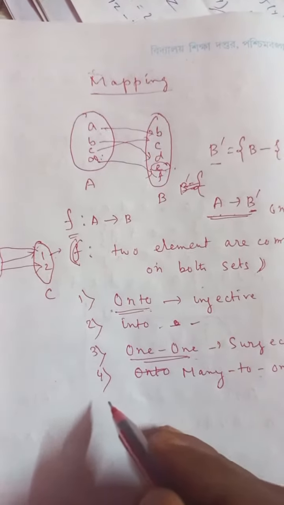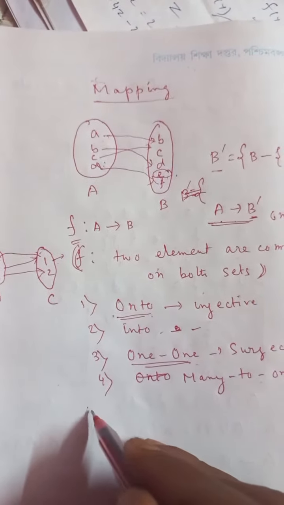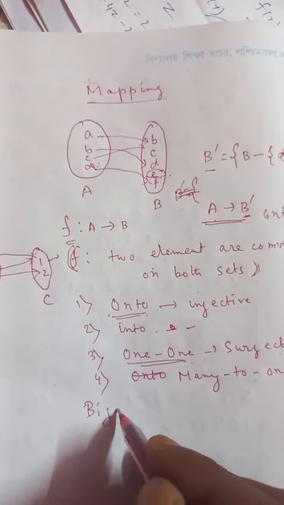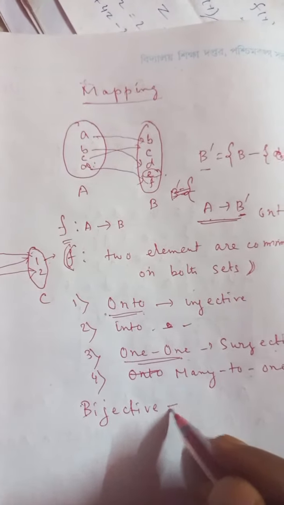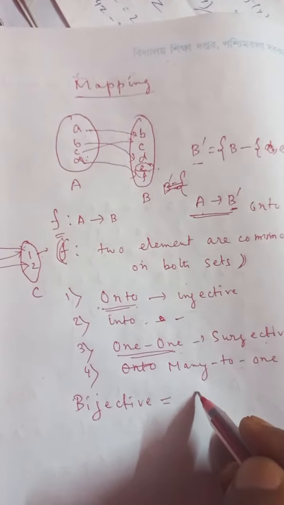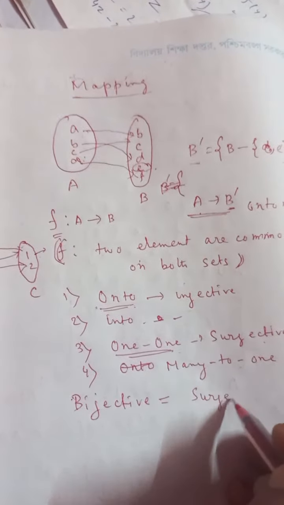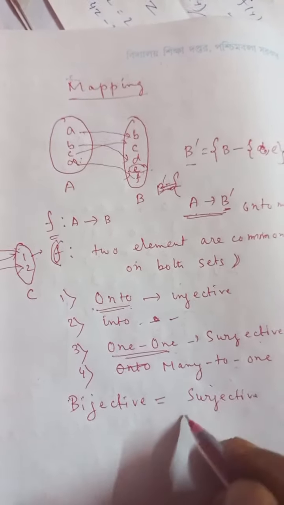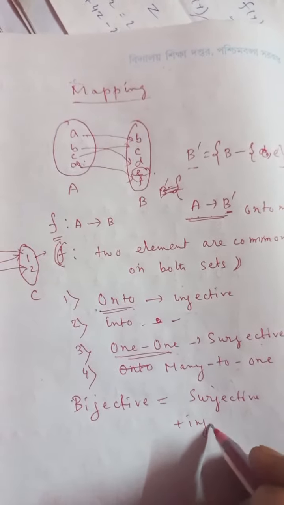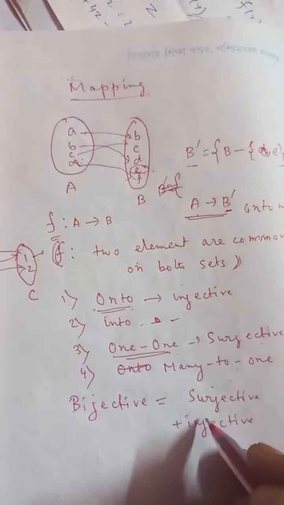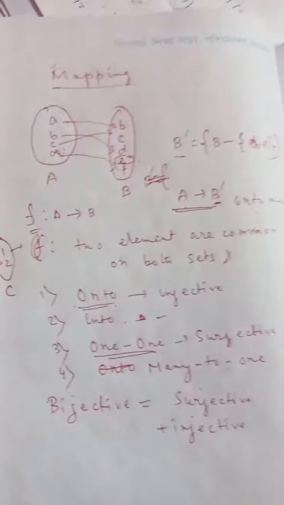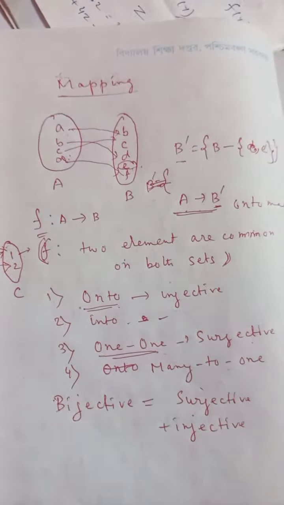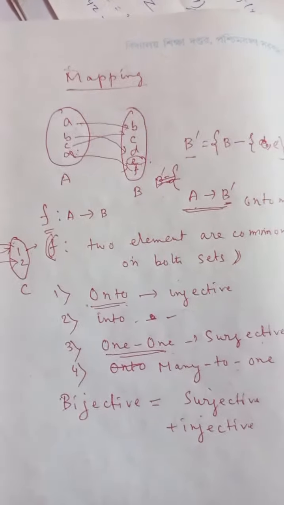These are called bijective mappings. So a bijective mapping should be surjective plus injective mapping. Then the mapping is called bijective.